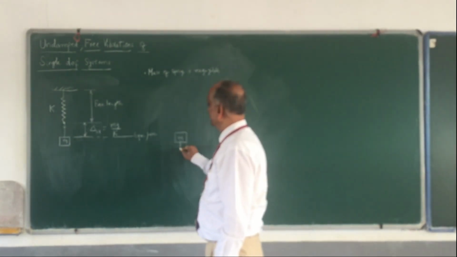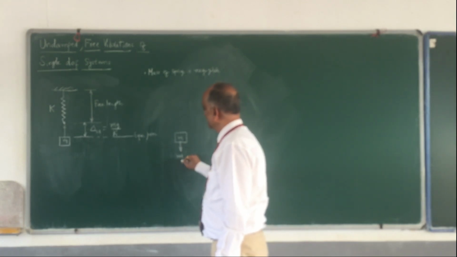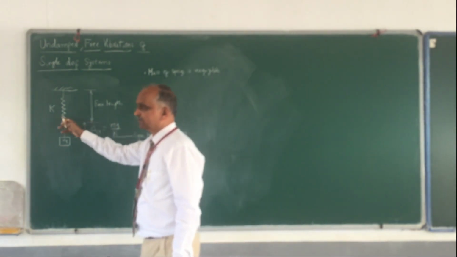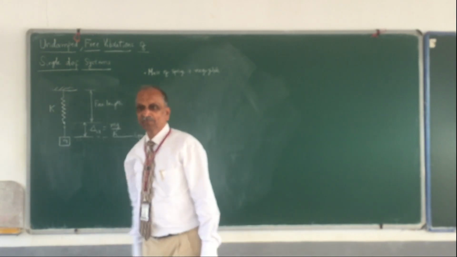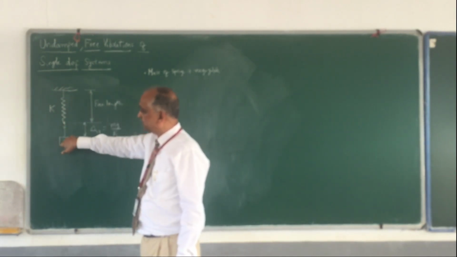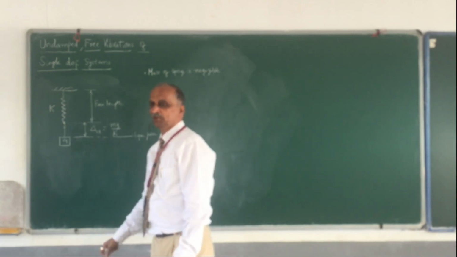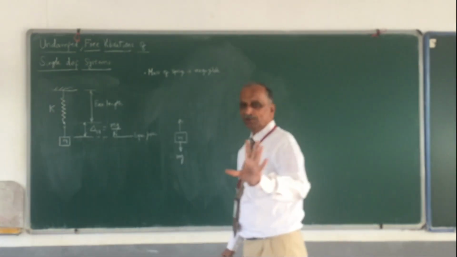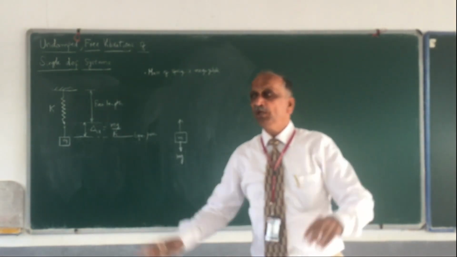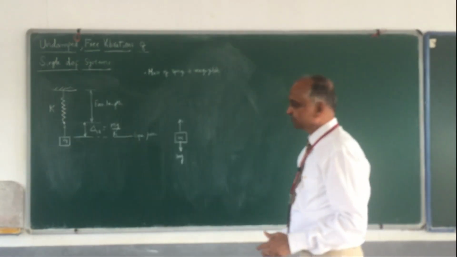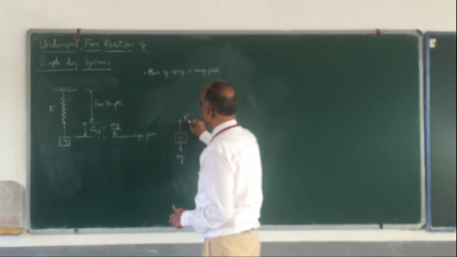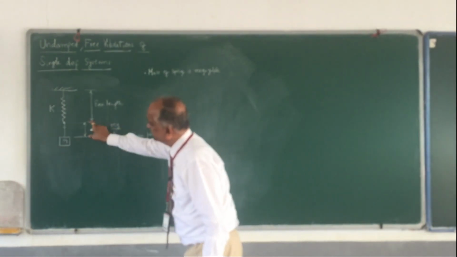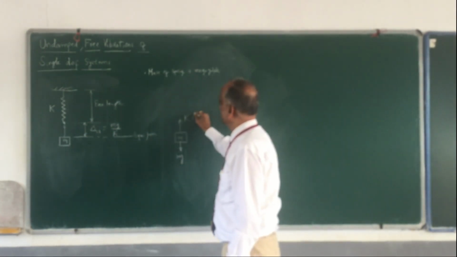The weight of the mass is acting in the downward direction, mg. And the spring is trying to pull it back to its equilibrium position, pulling it up. The spring force is always stiffness multiplied by the extension at that moment. The stiffness is K. And what is the extension of the spring? This distance is the extension, equal to delta st.